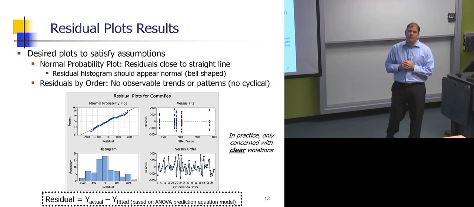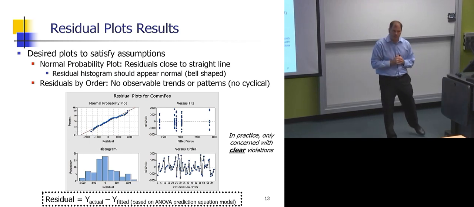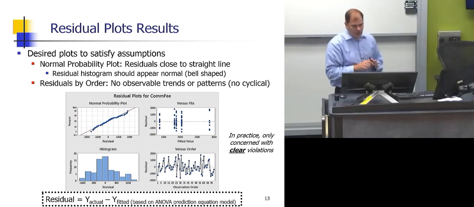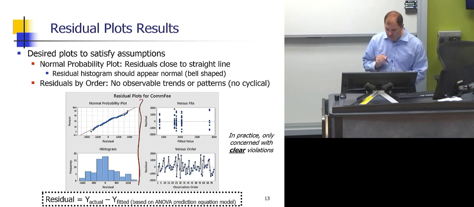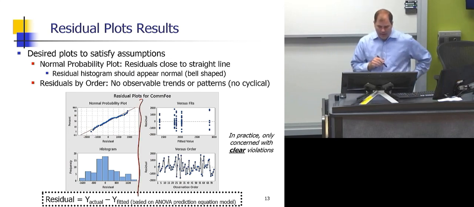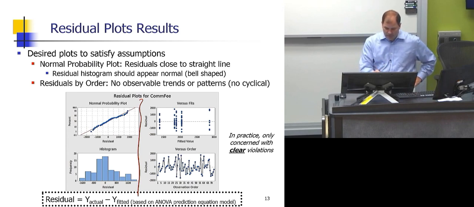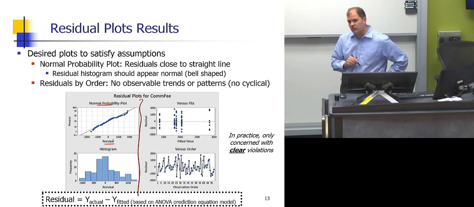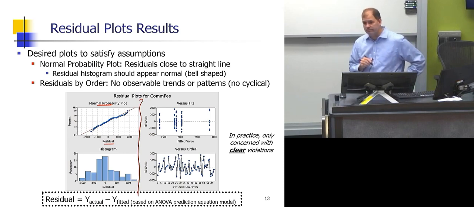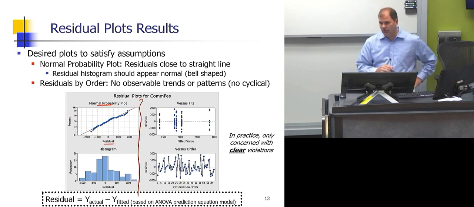To test the normality assumption, same thing if you took a regression class, you would look at these 2 graphs over here. If you make a normal probability plot of the residuals, you'd expect the residuals to do what if they're normal? Fall along the line, right? And if you made a histogram, they should look like what shape?